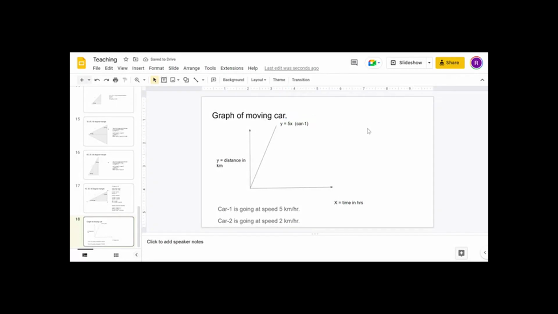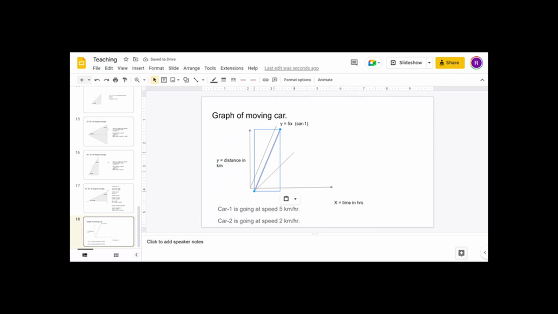Y equal to 2x, sir. Exactly. And how will that line look? How will it differ from this line? So will it be below this line or above this line? Should I draw it below it or above this? Below. Exactly.